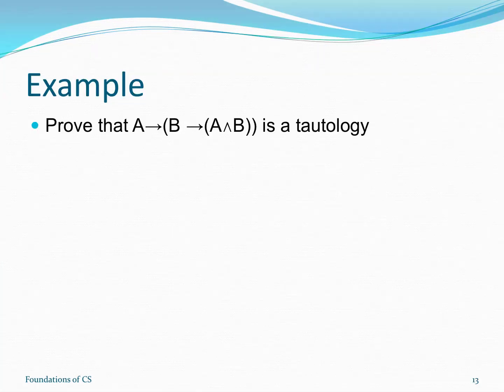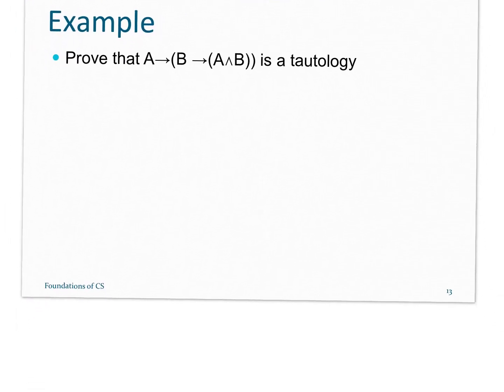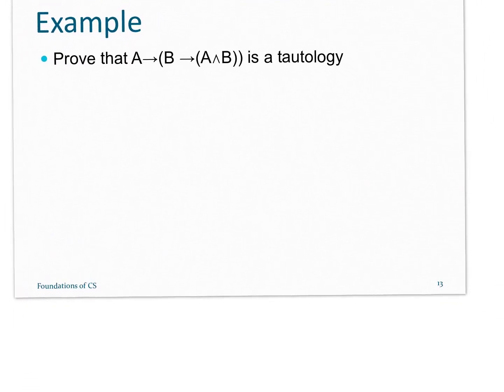Okay, a few more things to prove. This says prove that something is a tautology. Let me just make myself a little bit more space here. But look, I'm proving that something is a tautology and that something has my magic implications in it, right? So I'm going to assume A is a premise.